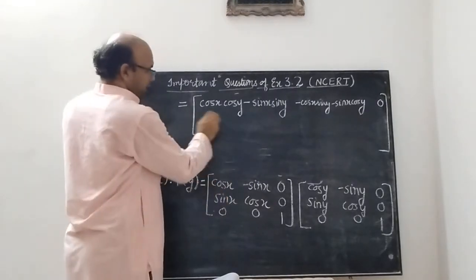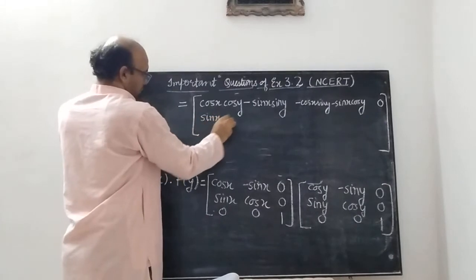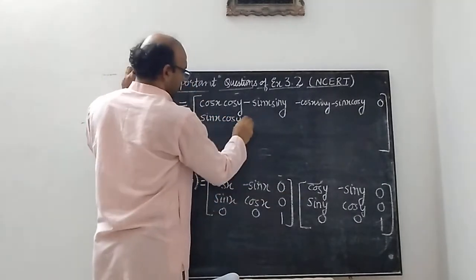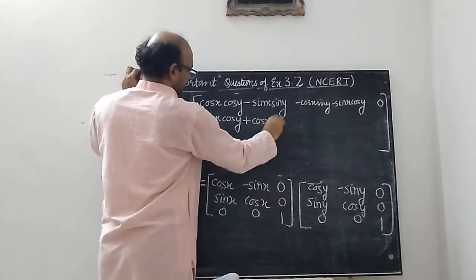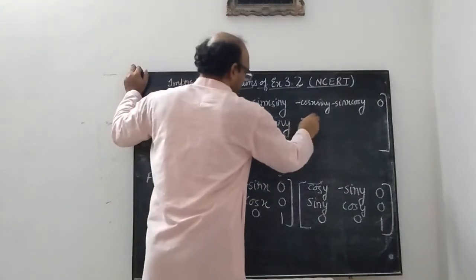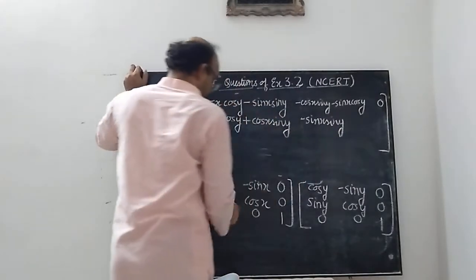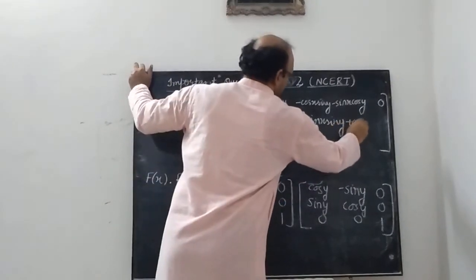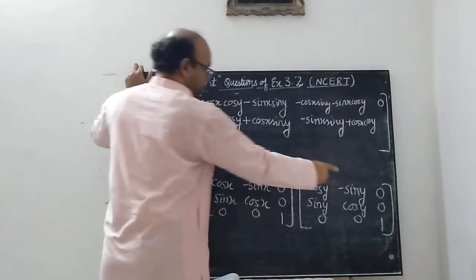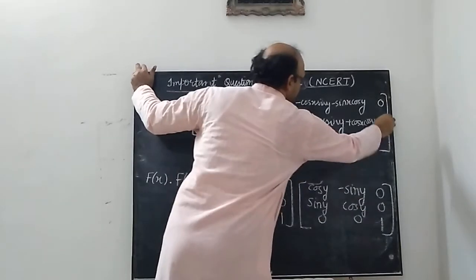Now we move on to the second row, sin x cos y, then cos x sin y, you have minus sin x sin y, then cos x cos y, and what we do is now sin x into 0 is 0, again 0, and then again we have 0 over here.